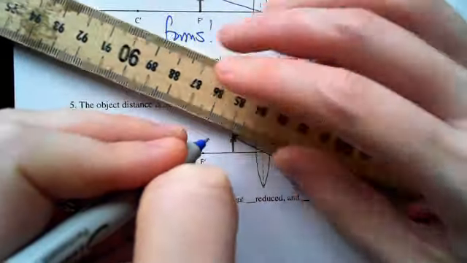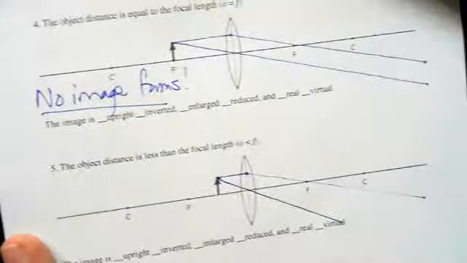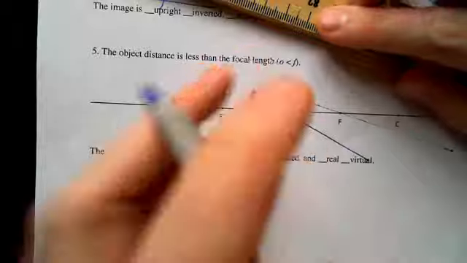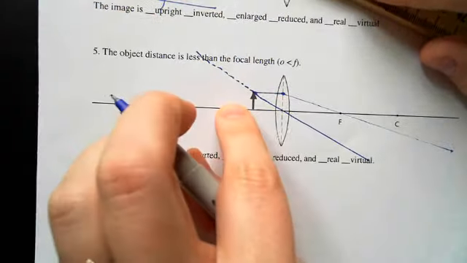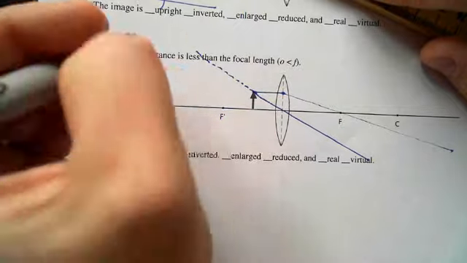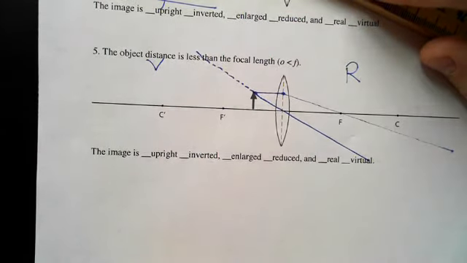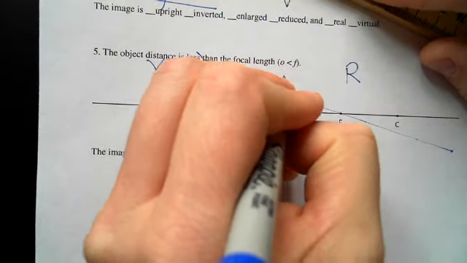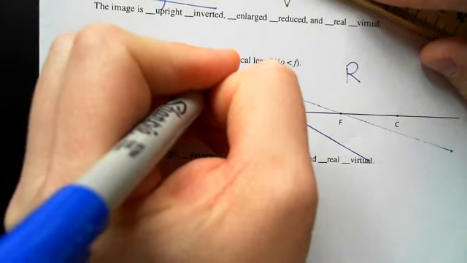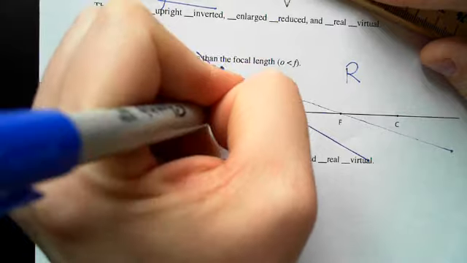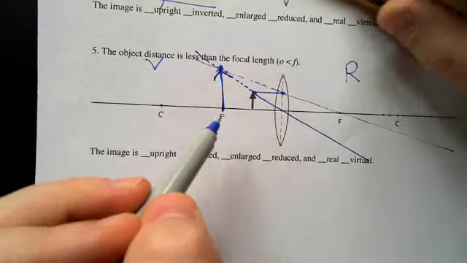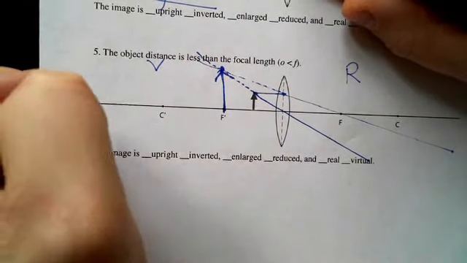So what you need to do is trace this out basically on the virtual side, which remember is over here, virtual, real. And we're going to see the point at which they converge, which is going to happen right here. So this image is larger, upright, and virtual.